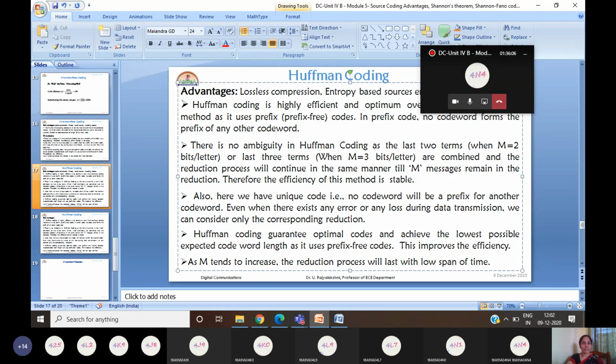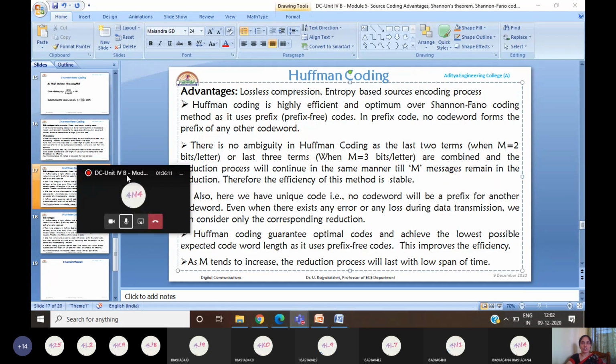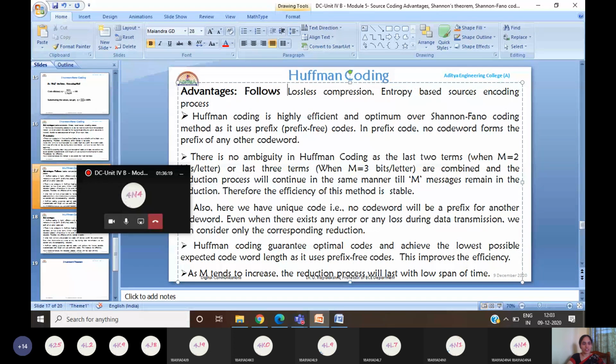Okay, a total of 7 advantages are there for the Huffman coding method because it follows lossless compression technique.